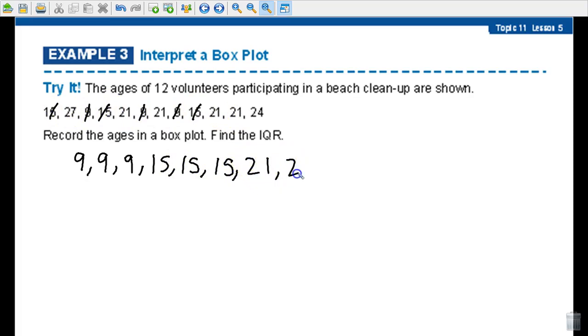Cross those out. Then we've got 24. Then we've got 27. Cross those out. All right. 1, 2, 3, 4, 5, 6, 7, 8, 9, 10, 11, 12. So we have 12 numbers. So it'll be the 6th and the 7th numbers for the median.